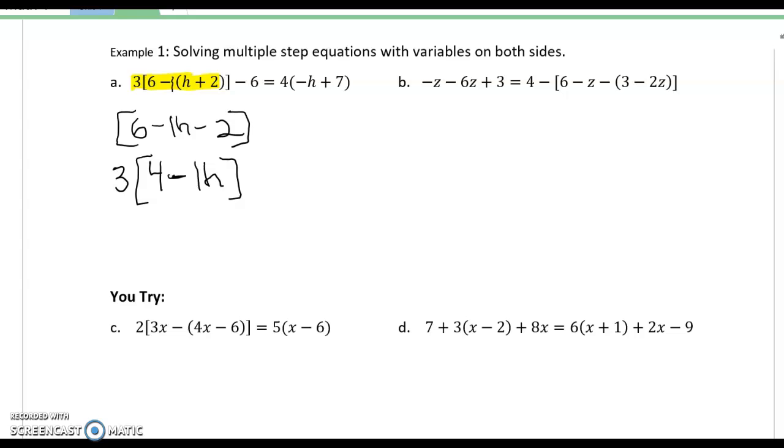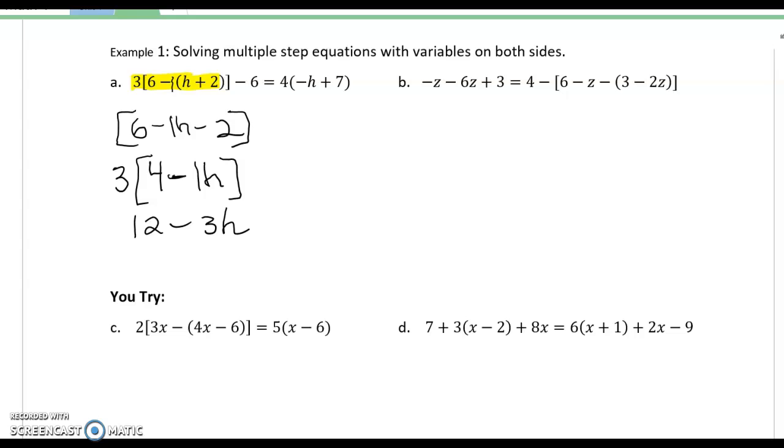Now that I have what's inside the brackets simplified as far as it's going to get, I'm going to expand my view to include that 3 right outside the bracket. And then I'm going to go ahead and distribute that 3 through the brackets.